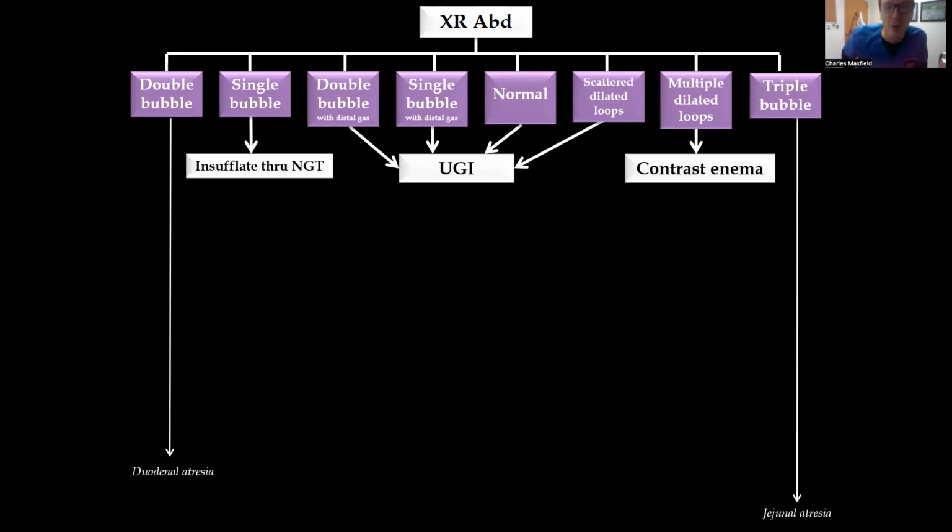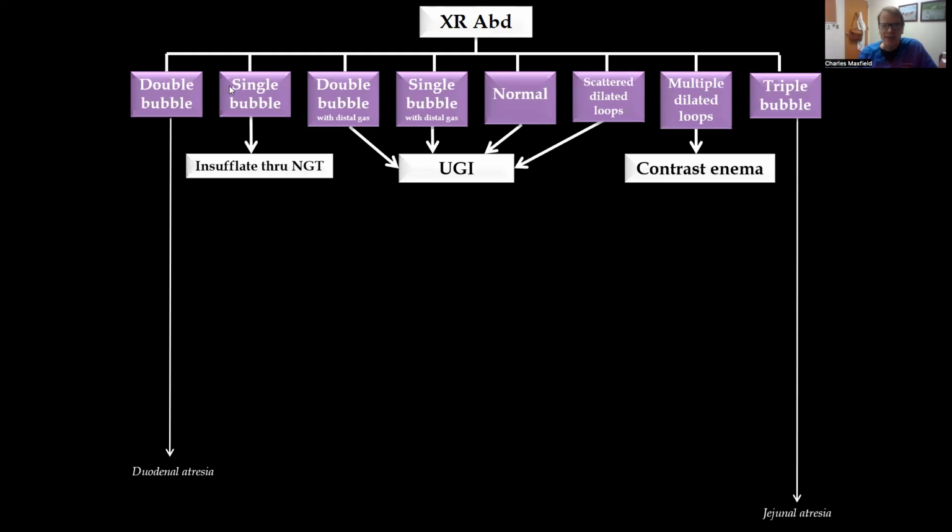So it should follow that a single bubble is gastric atresia, right? Well, actually, it can be. Gastric atresia would present as a single bubble. It's just that gastric atresia is so incredibly rare that it's usually something else, and I'm getting fooled. So what I do in that case is just put a little bit of air through the NG tube into the stomach and see what happens.